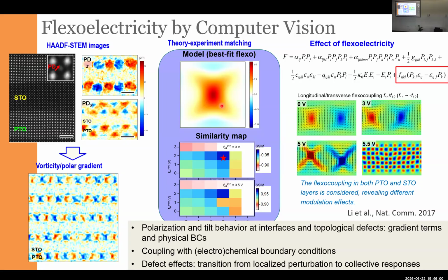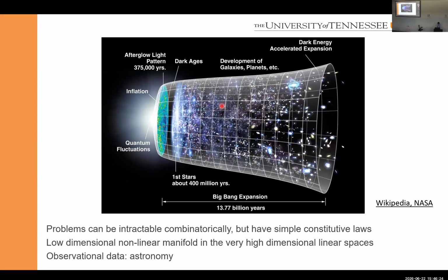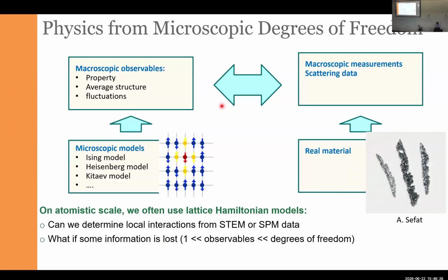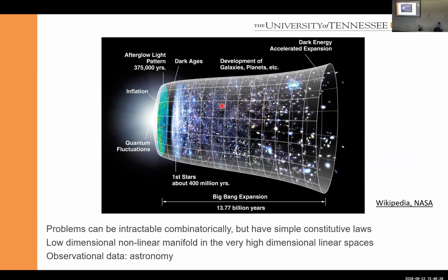This is an example where we have a complex atomically resolved data set and a theoretical model with a relatively simple low-dimensional parameter space, and we find in which part of this parameter space the match between experiment and theory is the best. That in turn tells us the value of a parameter that we would not be able to get in any other way.